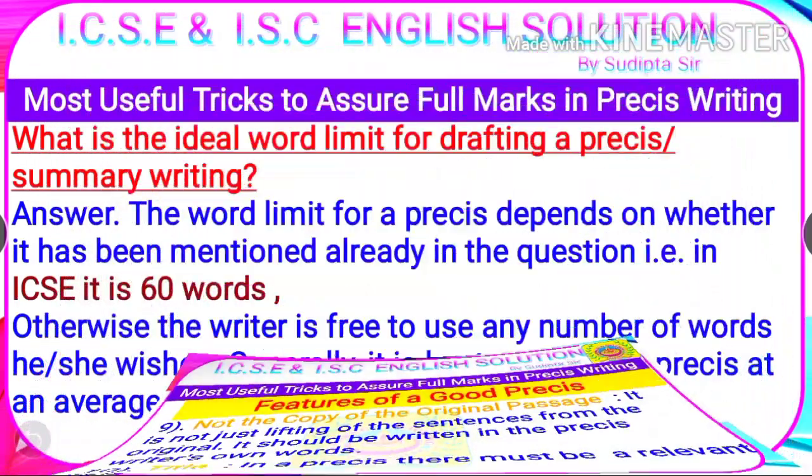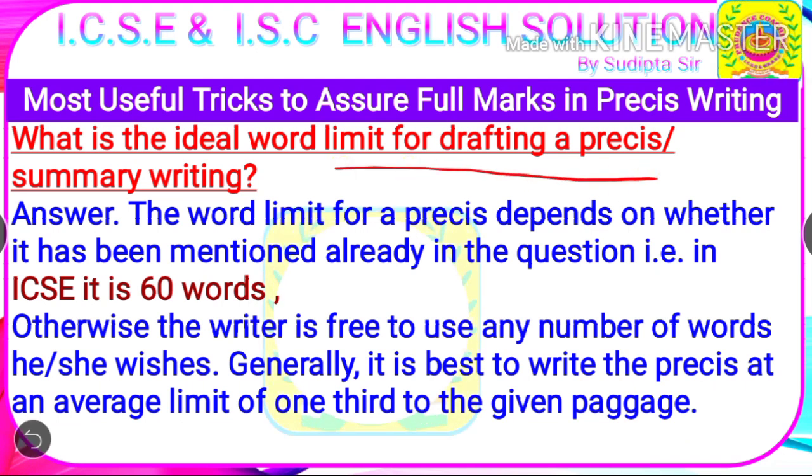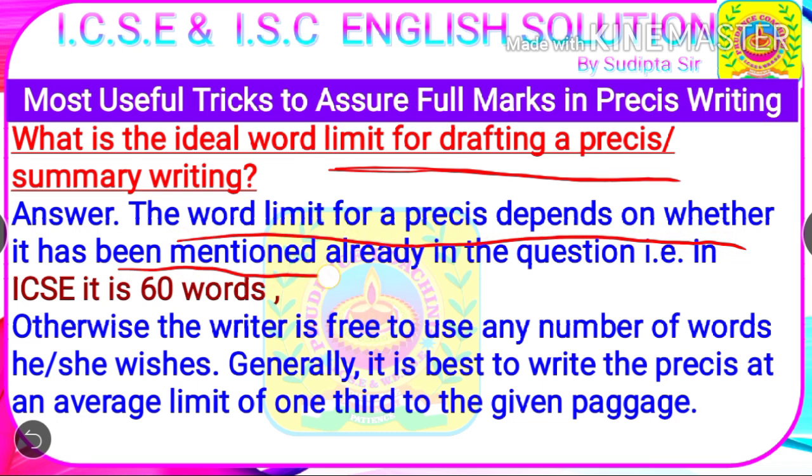Now we will discuss the word limit for drafting a Precis or summary writing. The word limit for a Precis depends on whether it has been mentioned already in the question or not. For example, in ICSE, it is mentioned that you will have to write the Precis within 60 words and you must not exceed the word limit.